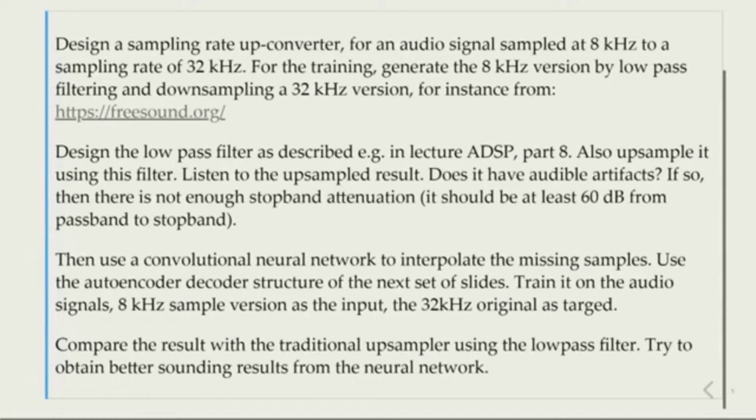And then you will train it on audio signals, the 8 kHz sampled version as the input, and the 32 kHz original as target. So in the next tutorials we'll talk about autoencoders, and you can then try this exercise.